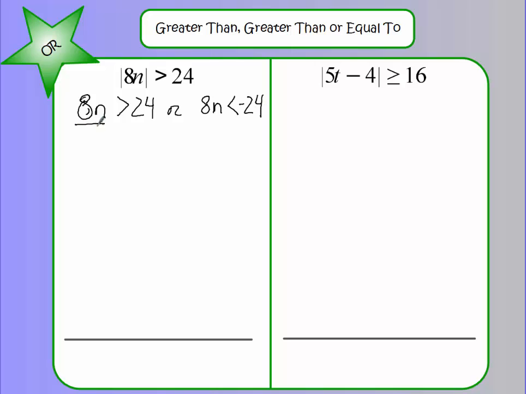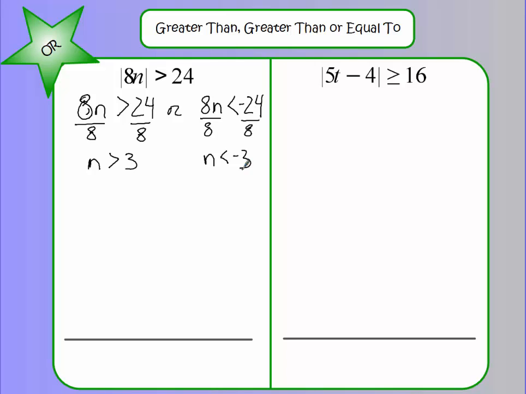So over here, let's divide both sides by 8, giving me n is greater than 3. And over here, let's divide both sides by 8. I'm dividing by a positive, I should be fine. So n is less than negative 3.